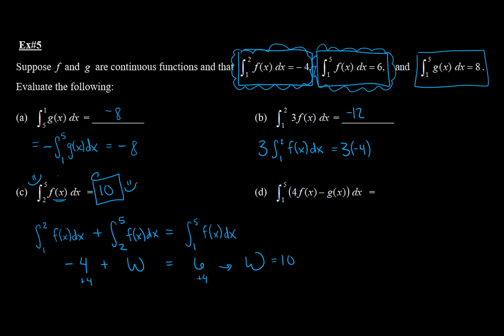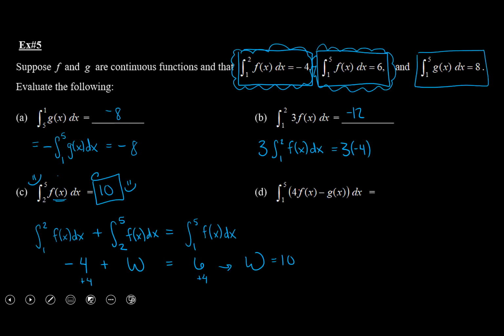Next, I just need to subtract these and move the 4 out. So I'm going to take this integral and I'm going to smush it in between the 4 and the f of x, and then I'm going to put it in front of the g of x. So I'm going to have 4 times the integral from 1 to 5 of f of x. And I'm going to make sure everybody gets a dx too.